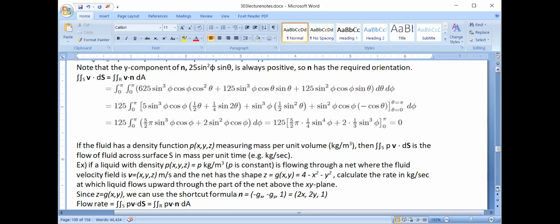Okay, so we know that the flow rate, and again, this is the mass flow rate, not the volume flow rate, is the double integral over the surface of p times v dot dS, which will be written parametrically as a double integral over the region of density p times velocity field v dot normal n dA.